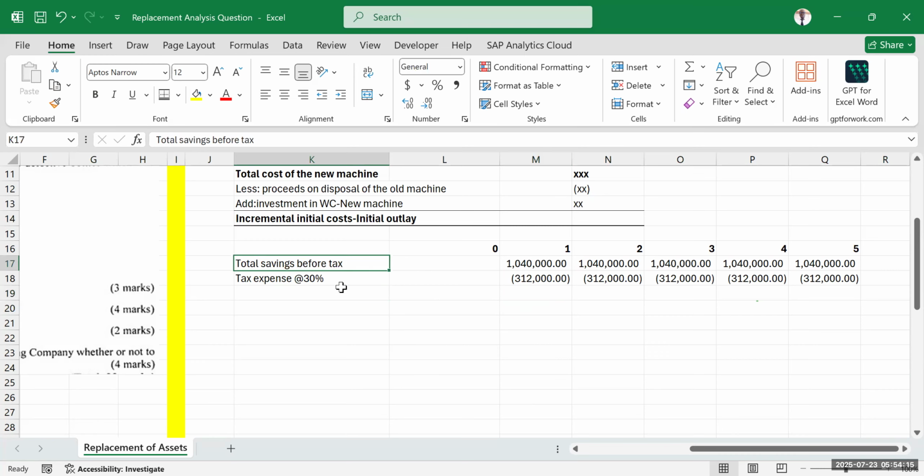In this approach, charge tax on the whole tax savings, on the whole savings. Then after you've charged it, you only add the depreciation tax shield, because you should not charge tax on depreciation. Depreciation is a non-tax item, it's a non-cash item. So you do not charge tax on it. That's why we need to deduct it first before charging tax.